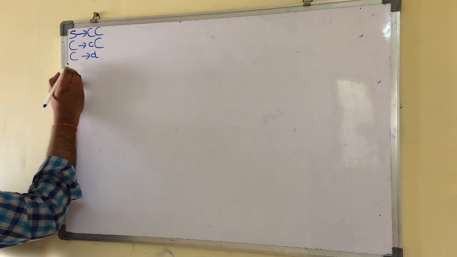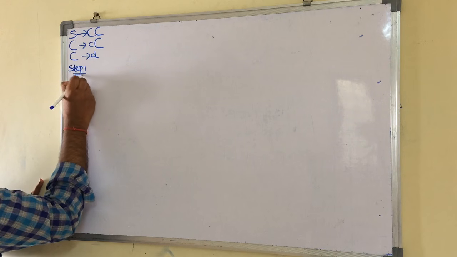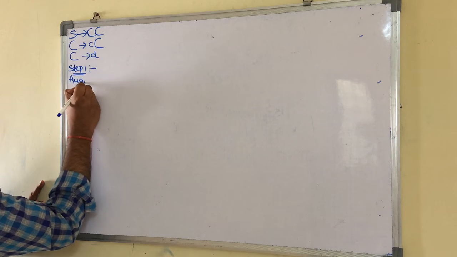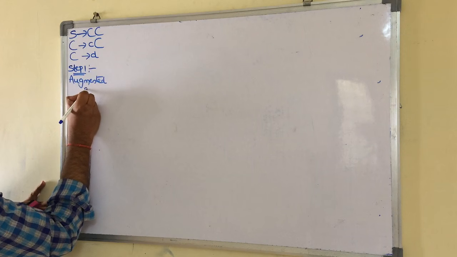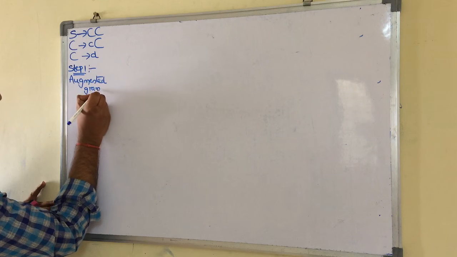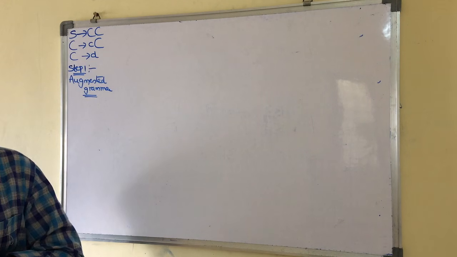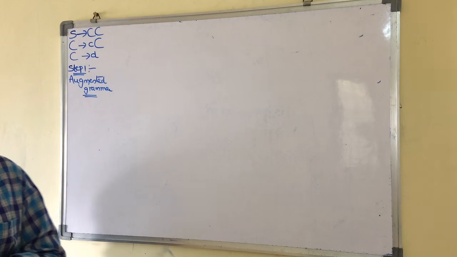Now let's see the first step. Here the first step is finding the augmented grammar. In order to write the augmented grammar, we have to write an extra production, start symbol dash produces start symbol.